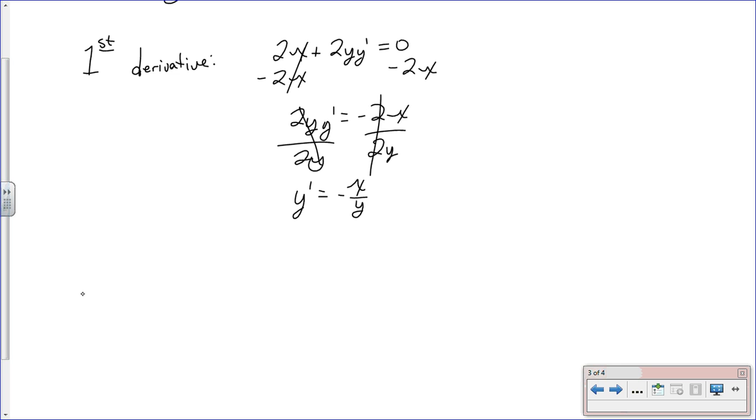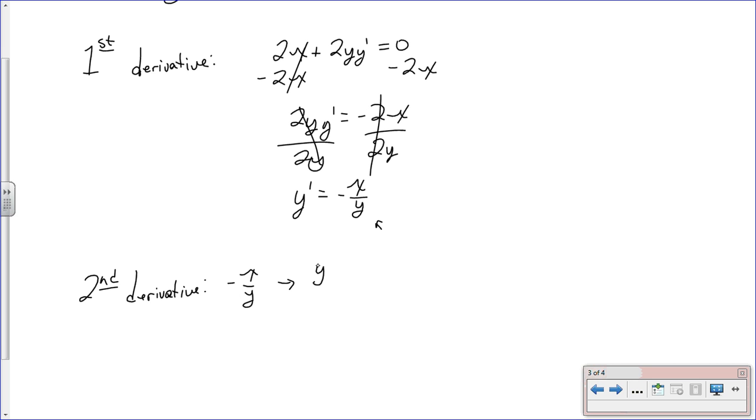Now we're going to take the second derivative. We're going to take the derivative of negative x over y. Remember, you have to do low, because this is quotient rule.